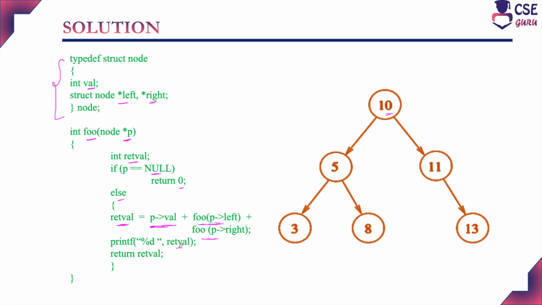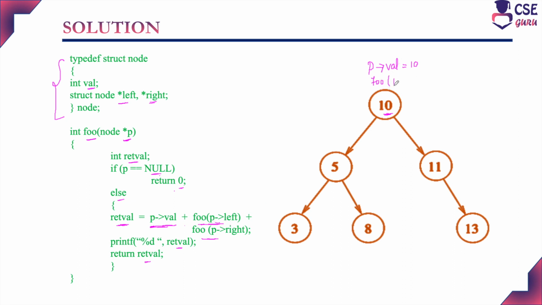We have to print the return value and return the return value. Here, if p value is null, it will return 0. And here p value was 10. So p value was 10 and we have to find p value plus foo of p of left.